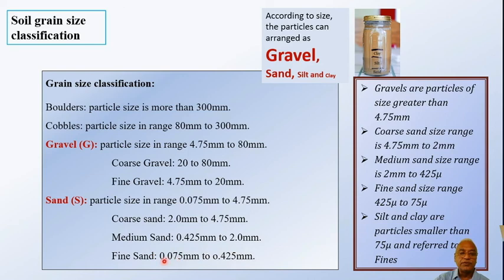Because it is 0 point something, microns are a better unit to use. Below 75 microns you have silt and clay. Silt and clay are particles smaller than 75 microns and are referred to as fines. Okay, thank you.